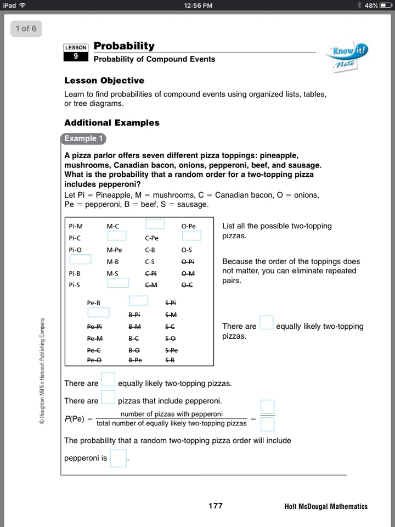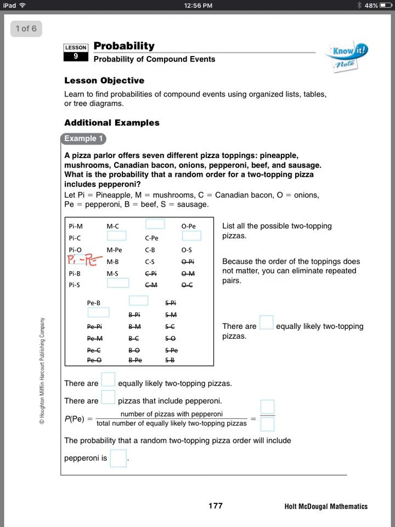List all the possible 2-topping pizzas. Because the order of toppings does not matter, you can eliminate the repeated pairs. So we have pepperoni mushroom, pepperoni Canadian bacon, pepperoni onion. We need pepperoni pineapple. Actually, pineapple pepperoni, I'm sorry.